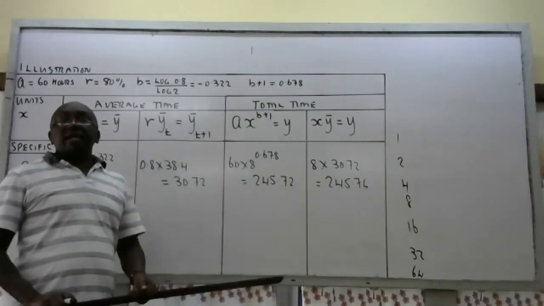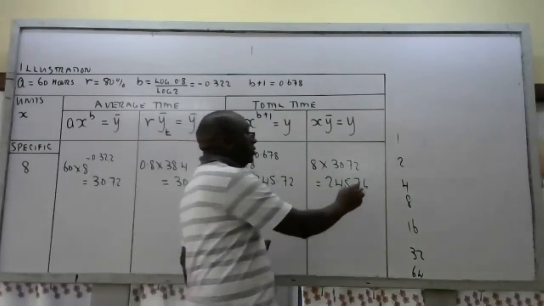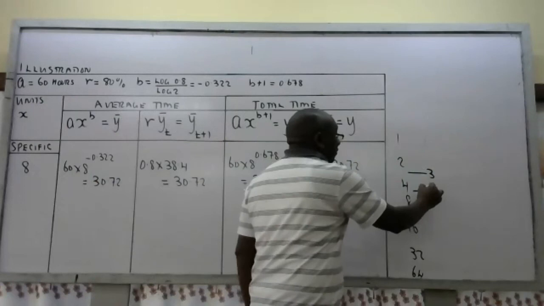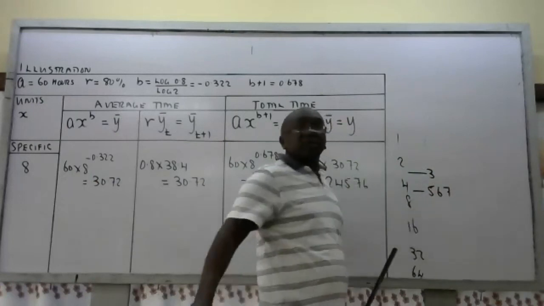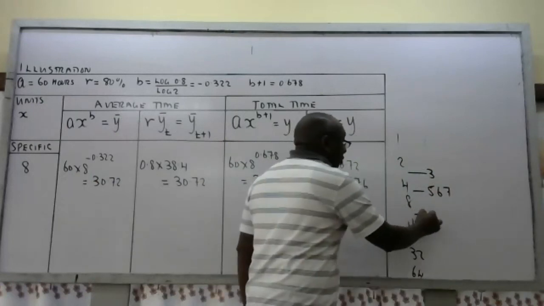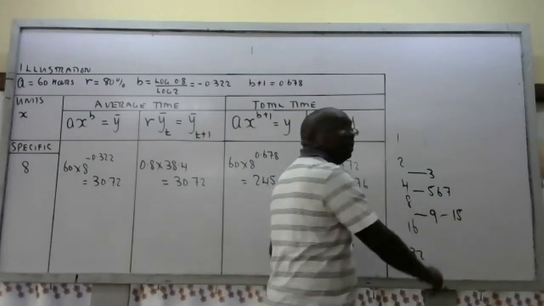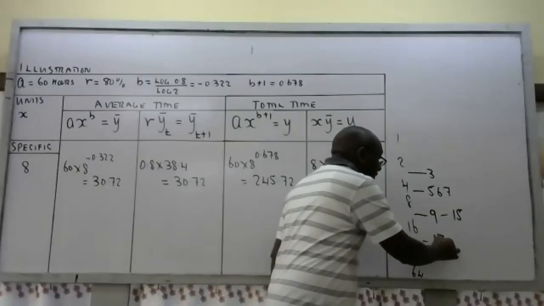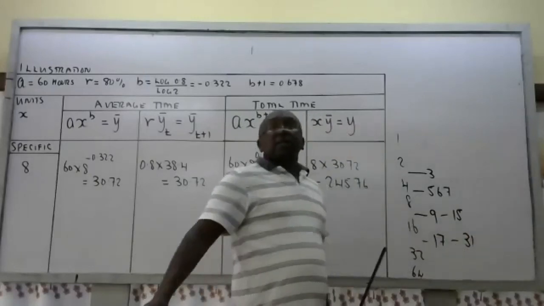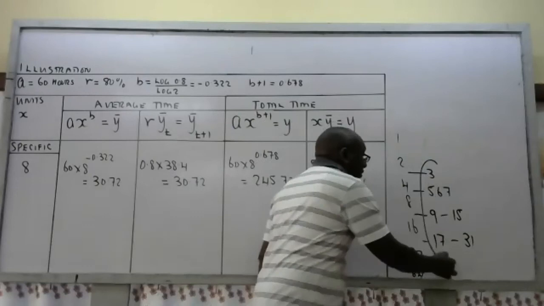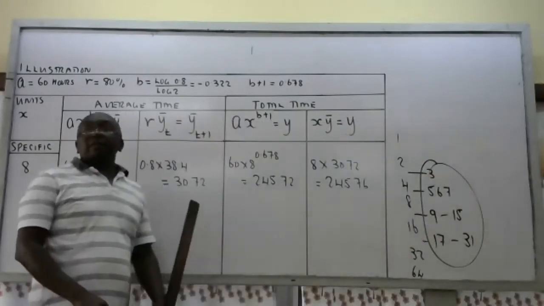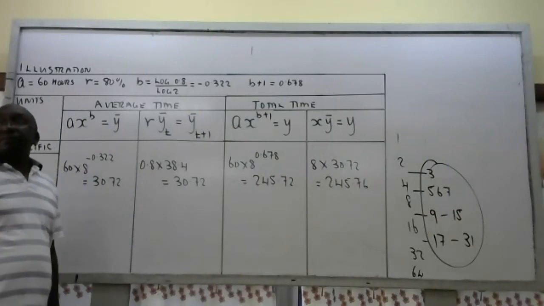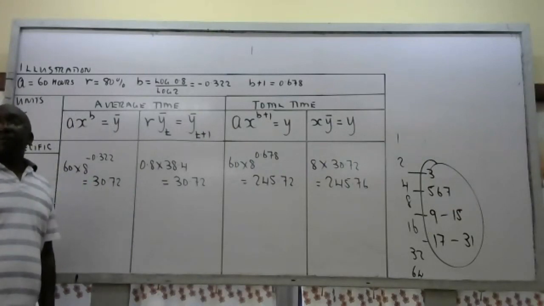If a value is non-double, like now here we have 3, here we have 5, 6, 7, those are non-doubles. Here we have 9 all the way to 15, those values are non-doubles. Here we have 17 all the way to 30. So if you're looking for any of these, that formula cannot work.